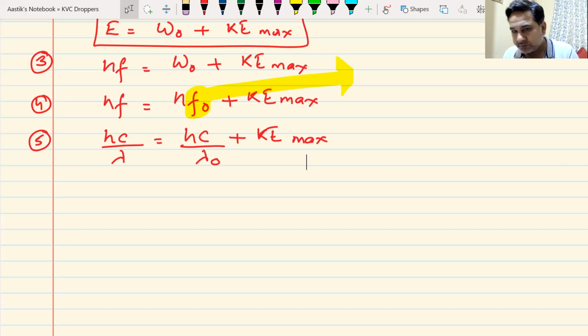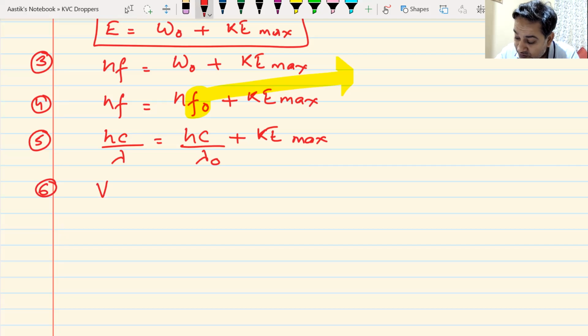Yes, sir. That means stopping potential is related to the speed of the fastest electron. Yes or no? Yes, sir. That means stopping potential is related to the kinetic energy of the fastest electron, that is, the maximum kinetic energy. That is the sixth thing that you must understand.